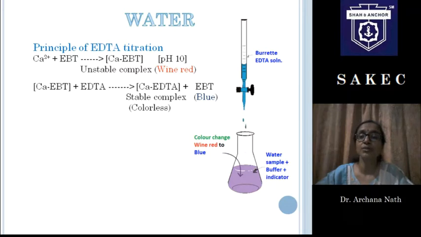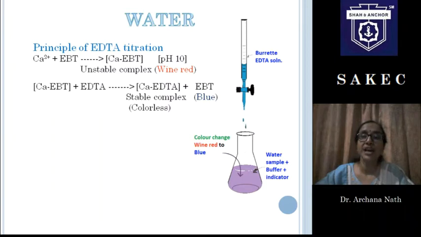So here we can see that always in the burette we will take EDTA solution, and in the conical flask we will take the water sample. First the water sample will be taken in the conical flask. It should be of fixed volume, and then we will add pH buffer tablets to maintain pH 10, and then we will add EBT, Eriochrome Black T indicator.